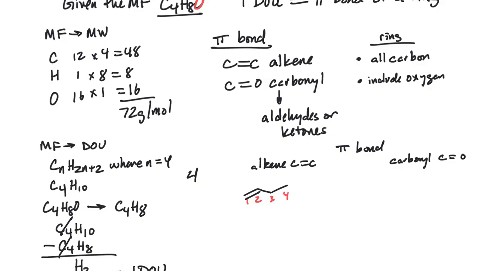So we still have to put the oxygen in now. We can do that in a lot of ways, really. So that oxygen, therefore, has to be an alcohol. So if we put it there, it would be on carbon 1.